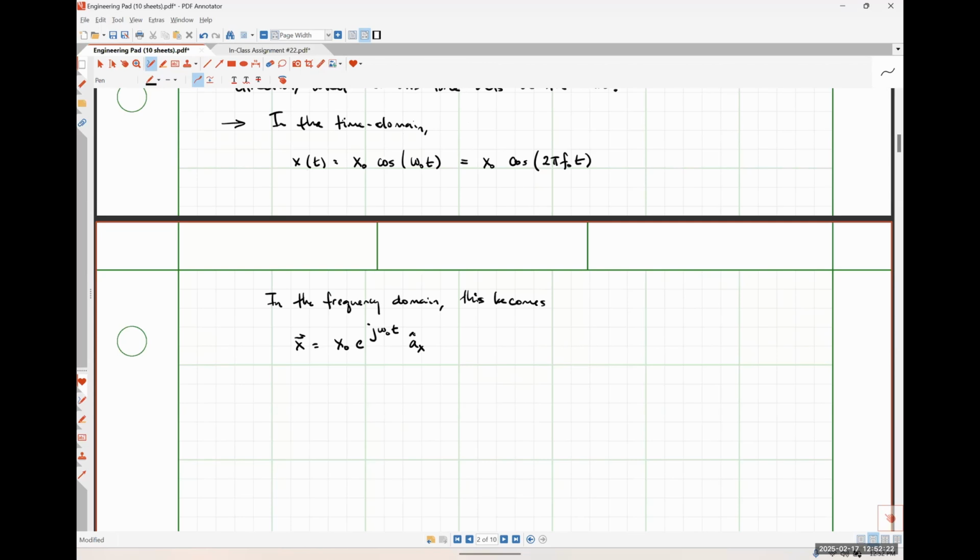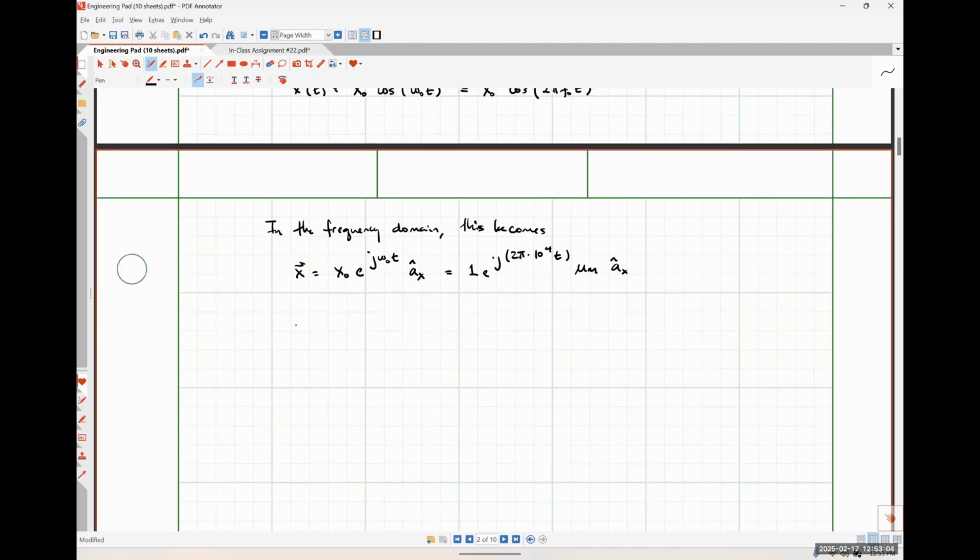Realistically speaking, we only care about the real part of this, but the complex numbers, as I said, are going to make the math a little bit easier. So if we substitute in numbers here, we have 1 micron, so this would look like 1 e to the j 2 pi times 10 to the 4 t microns in the x direction, where I've simply subbed in 10 to the 4 as 10 times 10 to the 3, or 10 kilohertz, as my frequency.